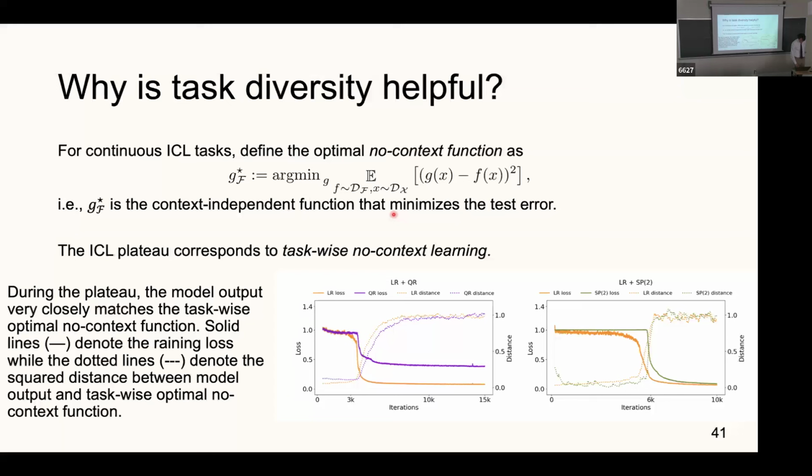The plateau is what we call the optimal no-context function. Imagine you're given n-1 demonstrations, and your job is to make the prediction on the last one. You ignore the demonstrations and just make the prediction.